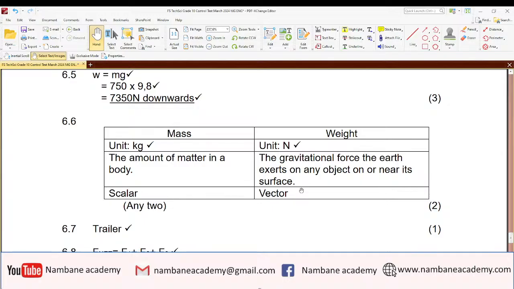If it is the definition of mass, it must be the definition of mass against the definition of weight. You cannot say it's a scalar and then give the weight unit and then give 2 marks. No, the differentiation factor must be the same for mass and weight.